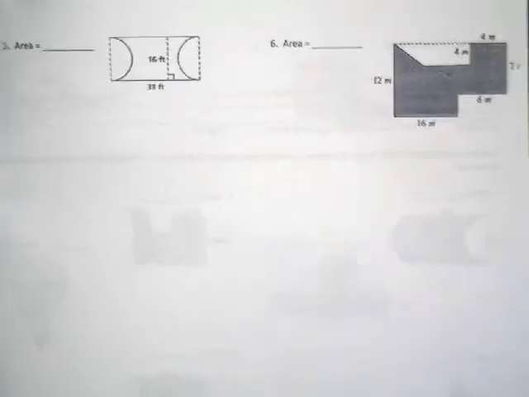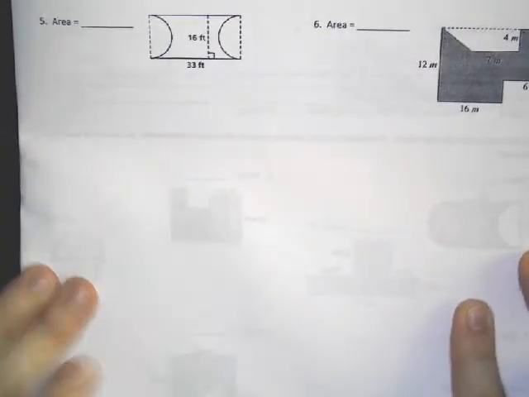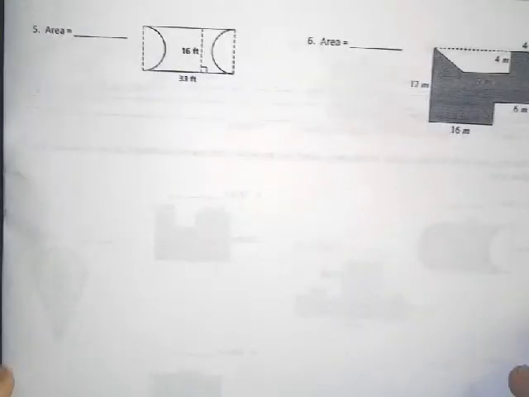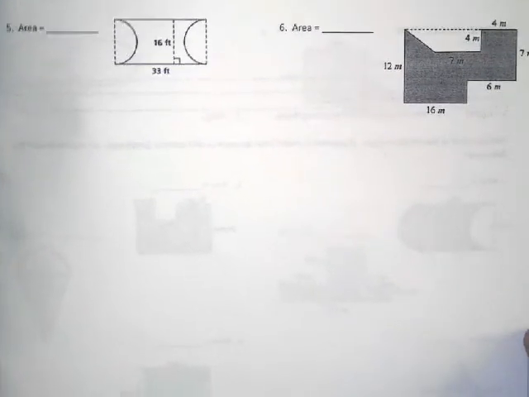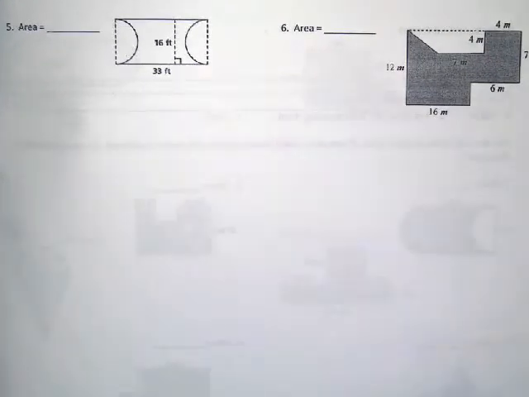Now what I want us to do is take a look at 5 and 6 in the next page, and notice that these are ones where we're going to have to subtract. Okay.